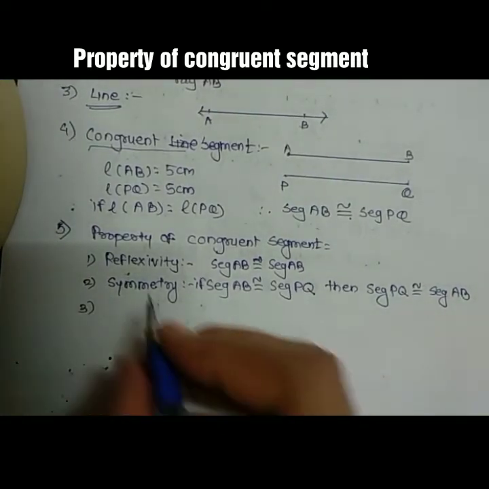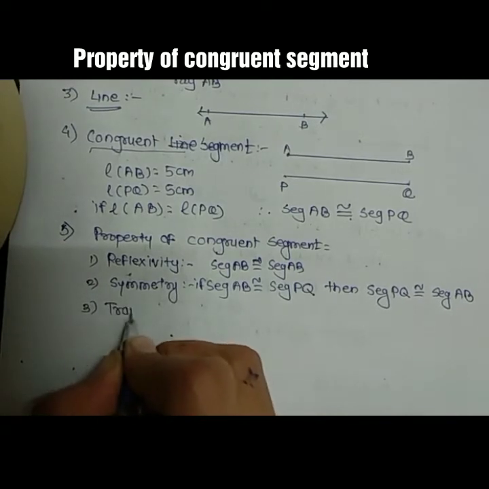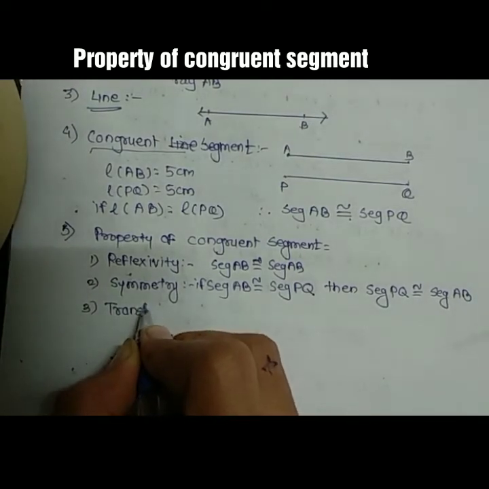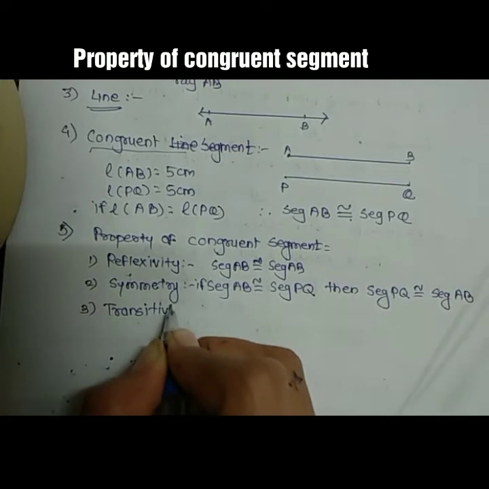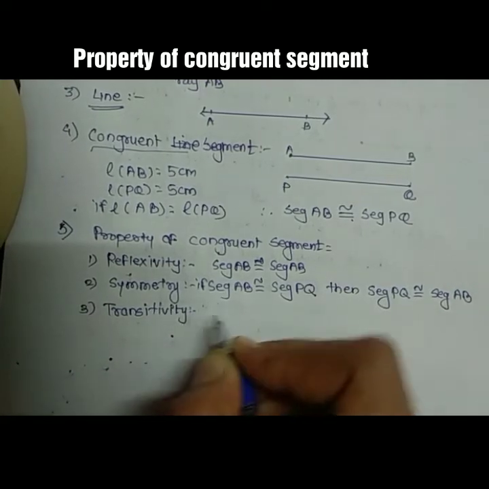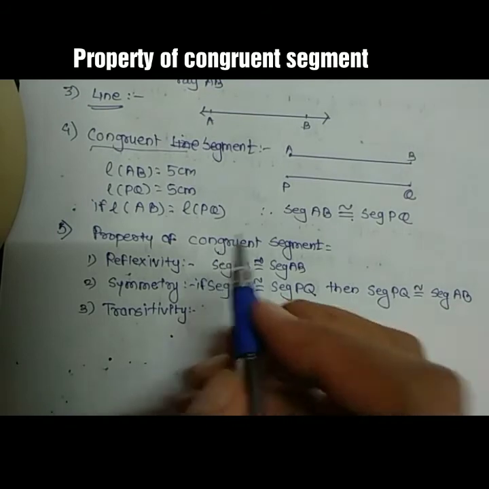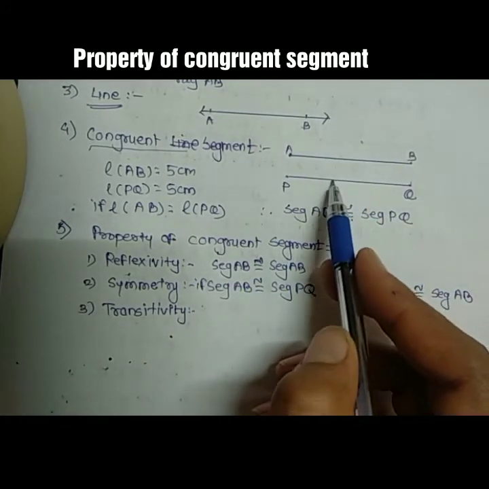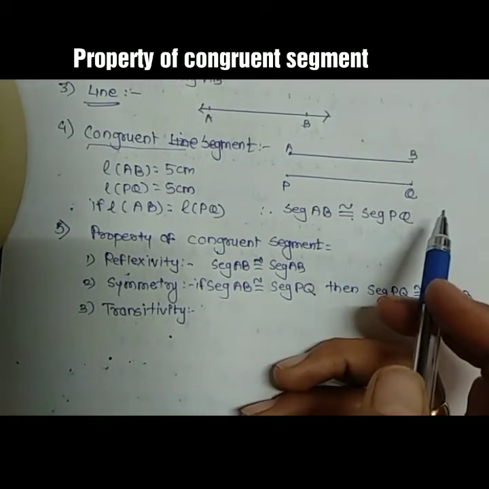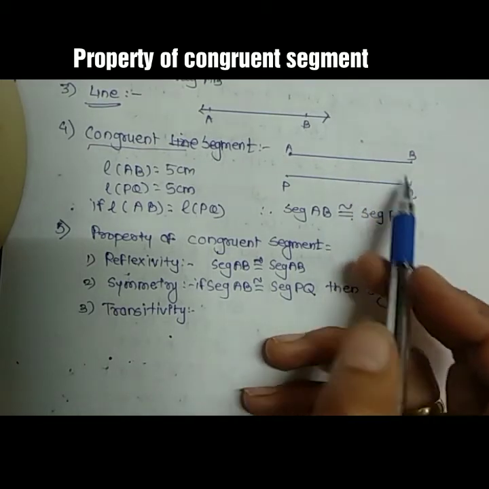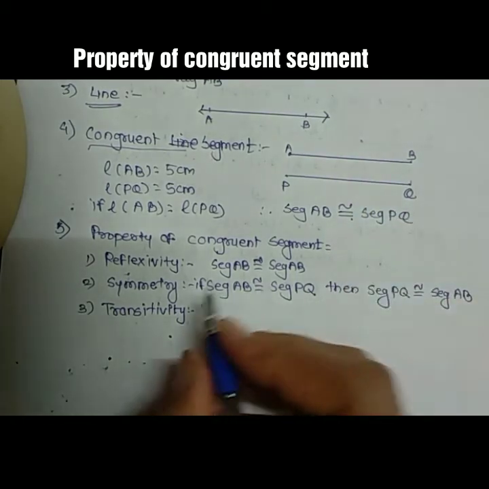And the third property, transitivity. That is, if the first segment is congruent with the second segment and the second is congruent with the third one, then the first segment is congruent with the third segment.